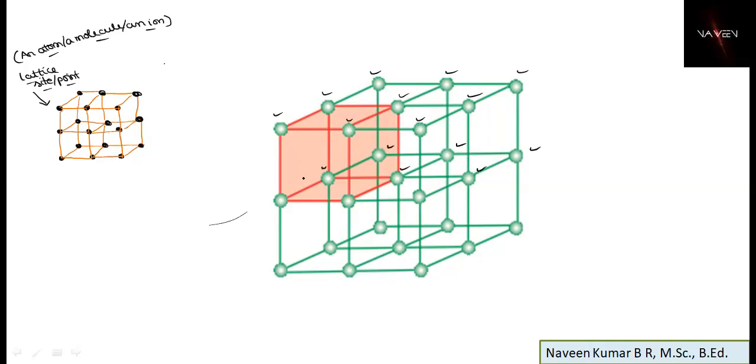Now, if all such crystal points are represented in space or in a three-dimensional region, and if all are connected by straight lines, such a part is called a crystal lattice or a space lattice. Hence we can conclude that it is the three-dimensional arrangement of all the constituent particles in space. That is building a solid.